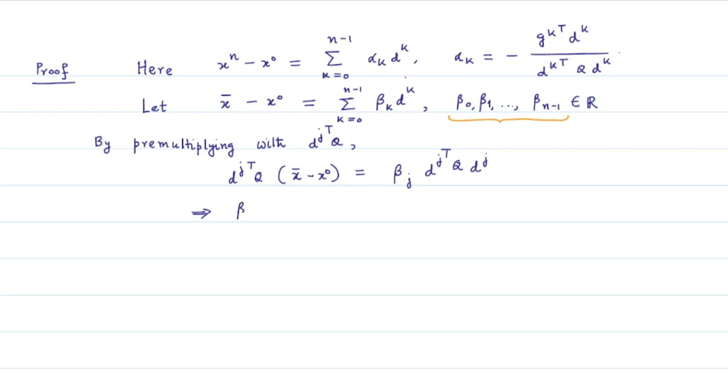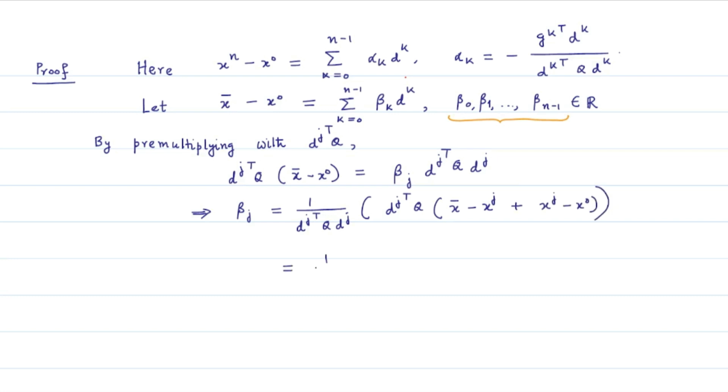So we get here the scalar beta j is given by 1 over dj transpose q dj times dj transpose q times this x bar minus x naught. Let us write this x bar minus x naught as x bar minus xj plus xj minus x naught.